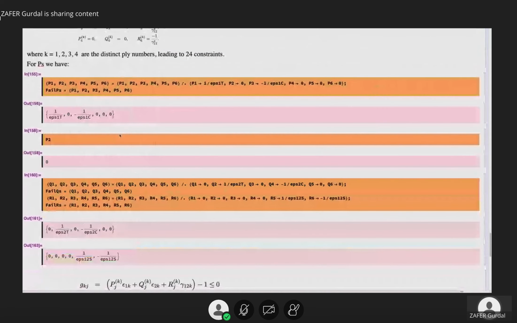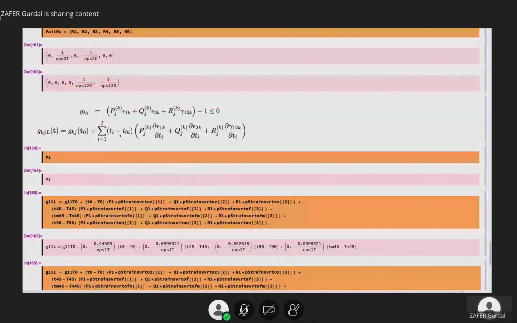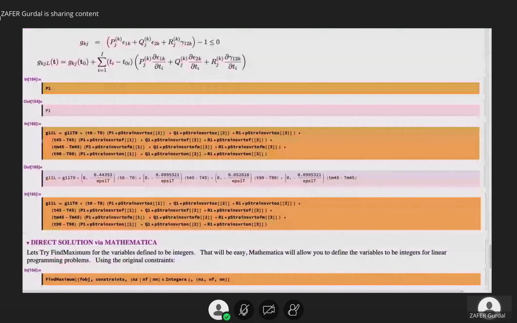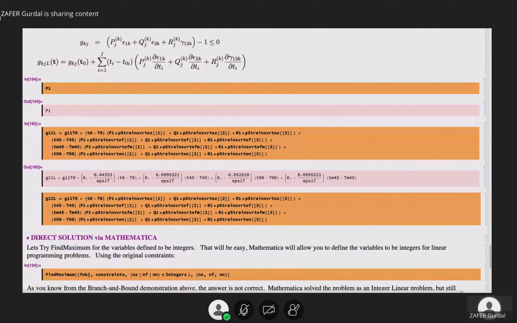Okay. So we're changing J to 2, still in the first layer. And this will become G1 to 2.